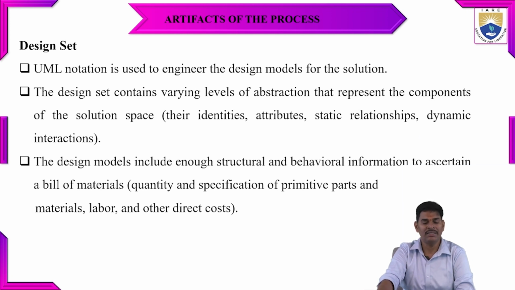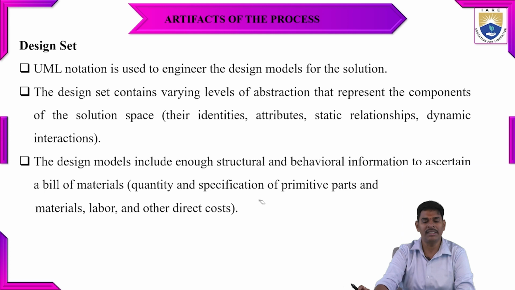And the next one is how they are going to design these models with the help of the structural and the behavior information. So they need to build the materials like quantity and the specifications of the primitive parts, and the materials, labor, and the other direct cost.